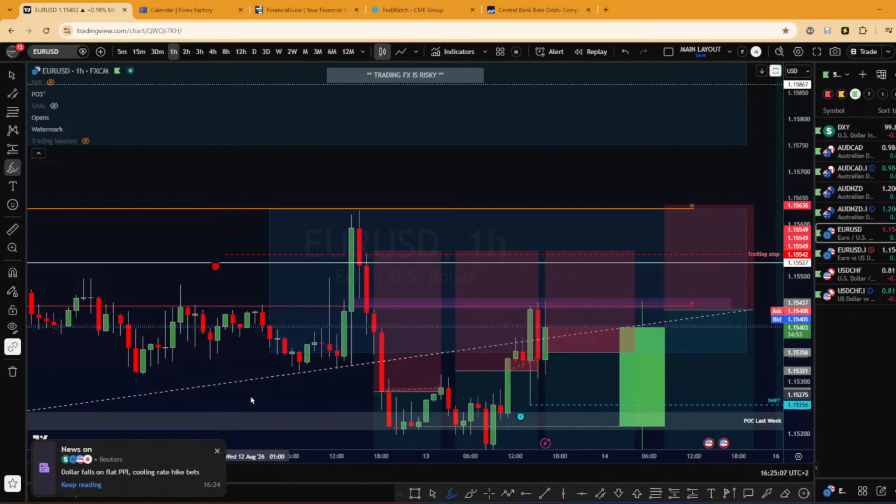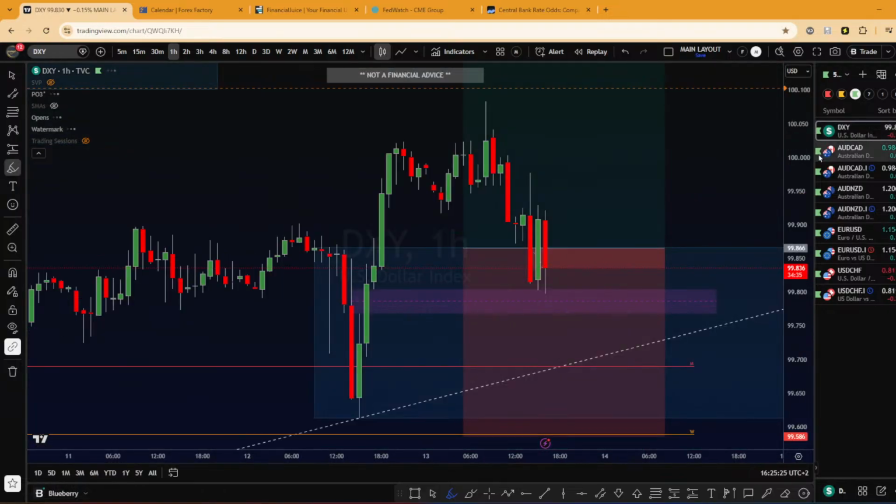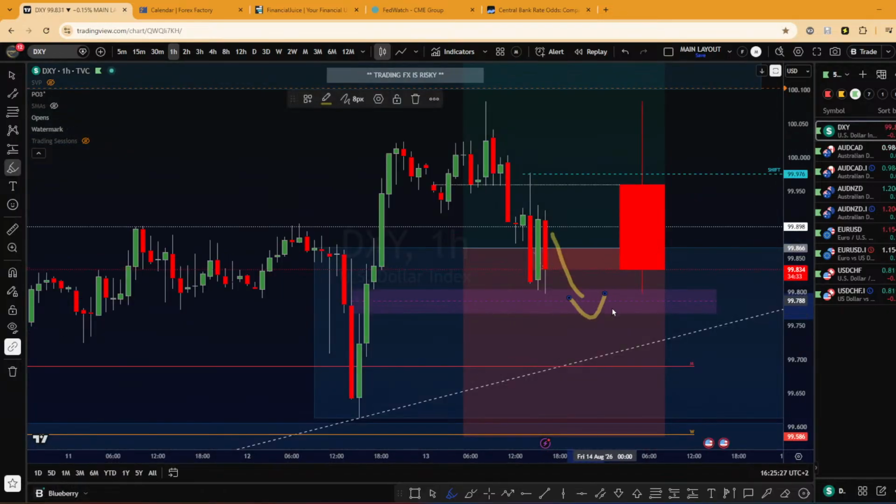Yeah, because the market is expecting a cooling rate hike, so pretty much no rate hikes on the table for the moment. That drives the US dollar much lower, you see.